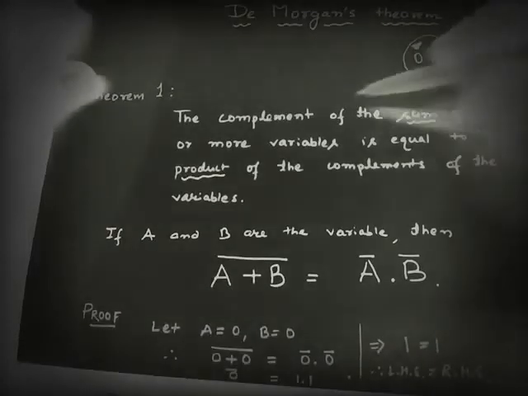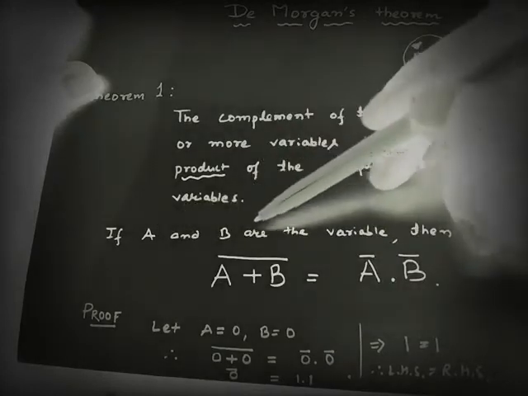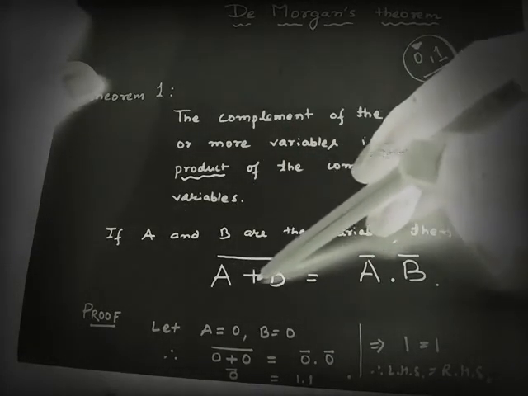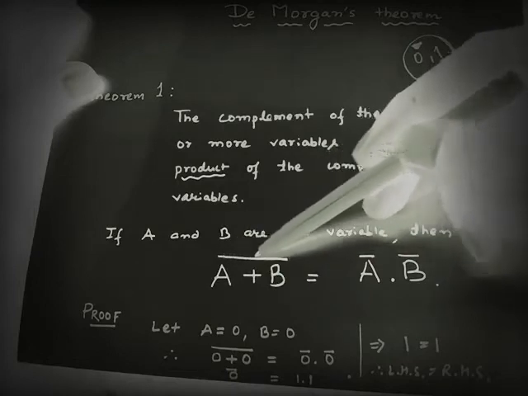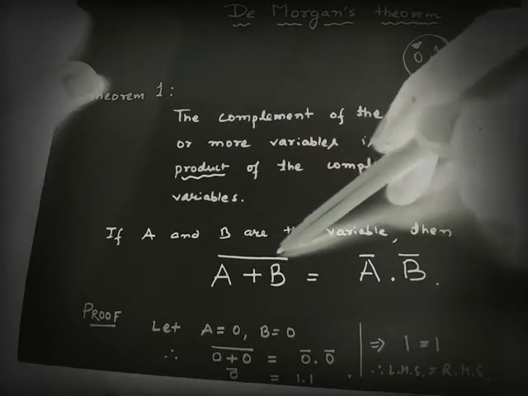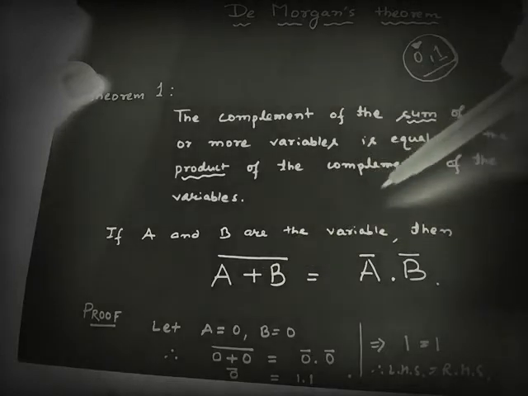So the complement of the sum of two variables. If the variables are A and B, then A plus B is the sum, and its complement is a line drawn over A plus B. This is the complement of the sum of the two variables.